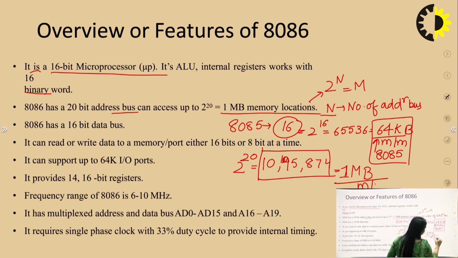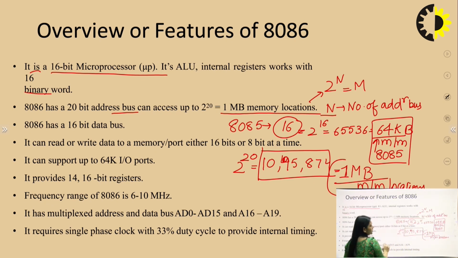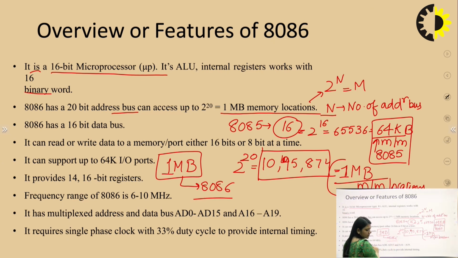This much memory is available for 8086, and it can support up to 64K input output ports.